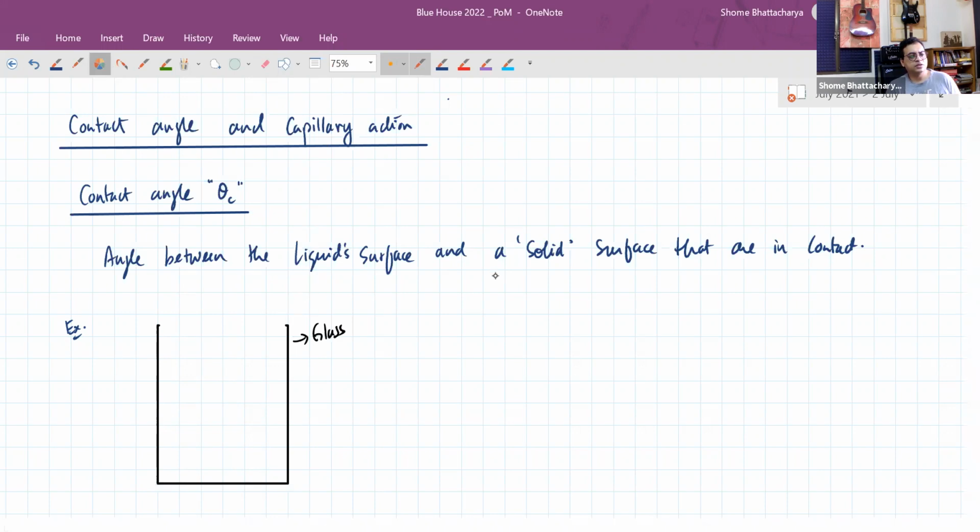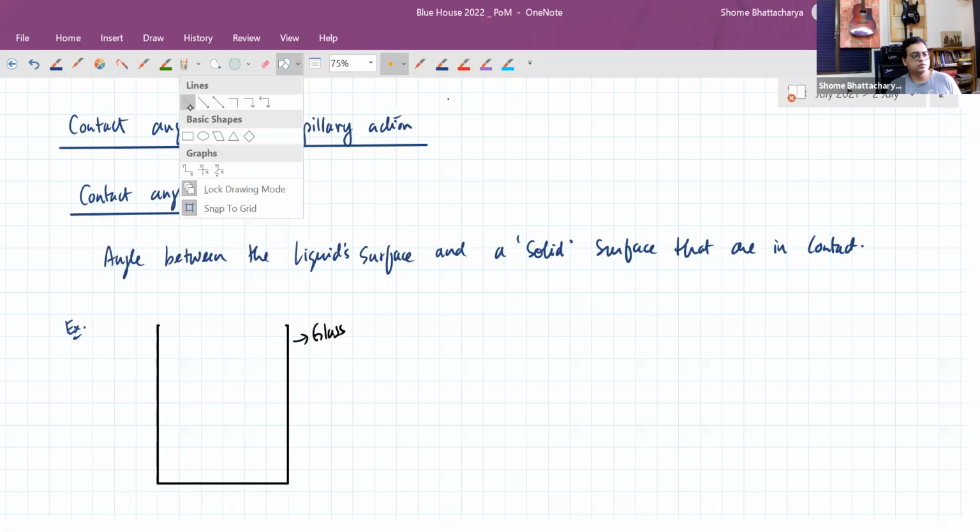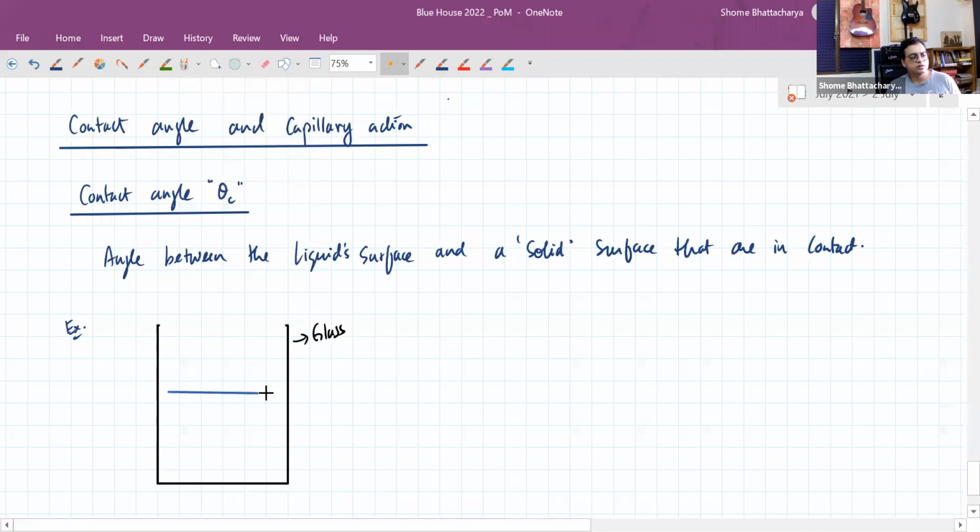So what we'll observe is that typically a fluid surface will be like a horizontal plane, okay? But exactly at the point of contact, there'll be a slight bending of it like this. The contact angle will not be 90 degrees.